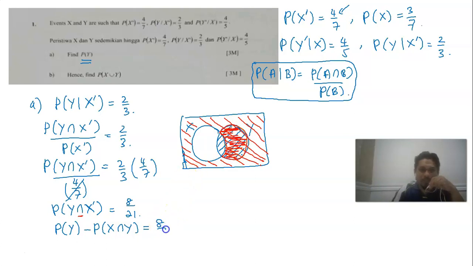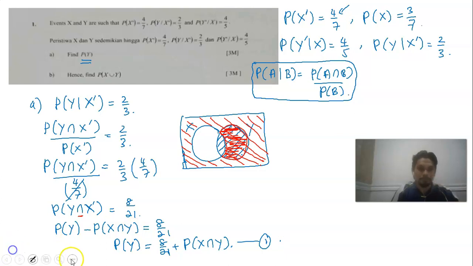So it is 8 over 21. Then probability of Y equals 8 over 21 plus probability of X intersect Y. So this is equation 1.